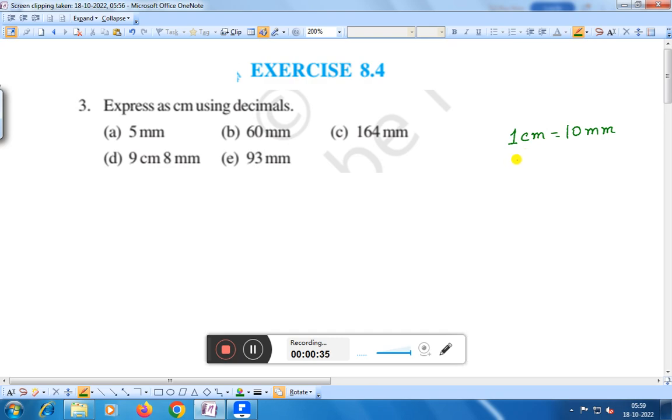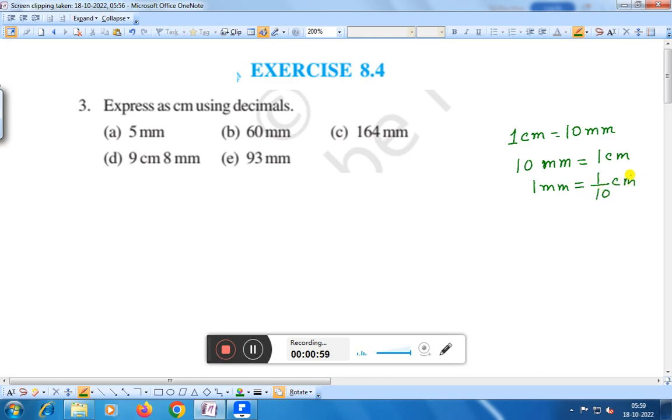Or you can say that 10 millimeter equal to 1 centimeter. Therefore, 1 millimeter is equal to 1 by 10 centimeter.